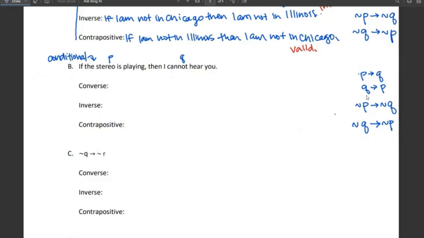So our converse is if Q, then P. So if I cannot hear you, then the stereo is playing.